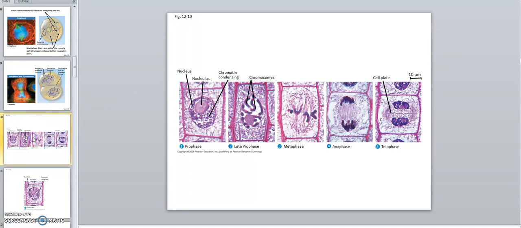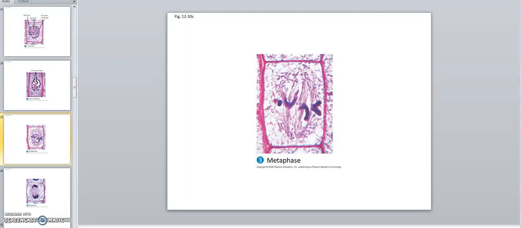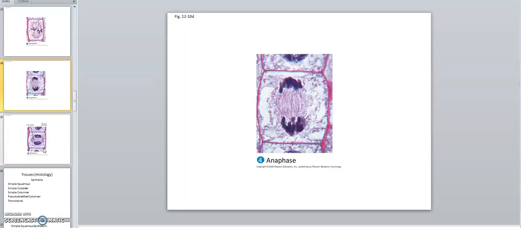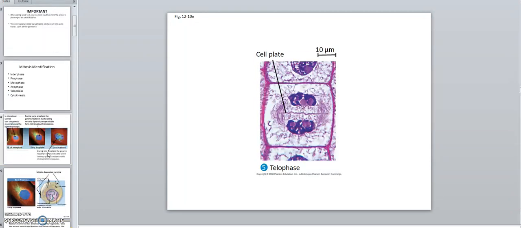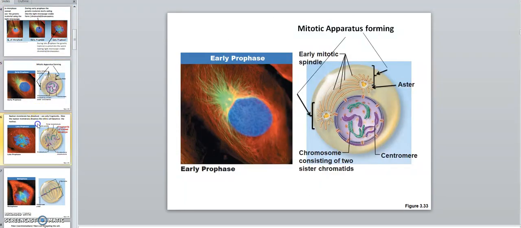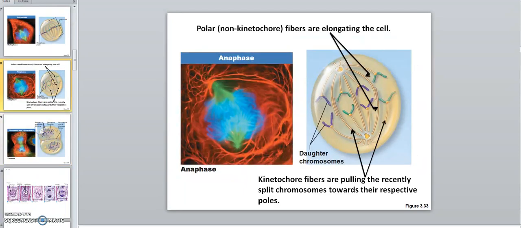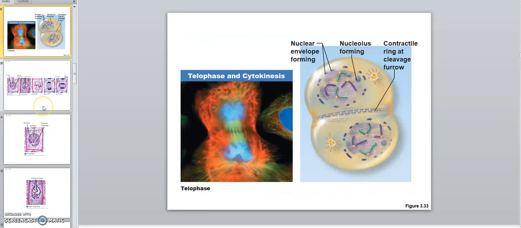So you can look through all of this. That's what I want you to do so you can understand each stage. Here's my explanation of each stage. Right there. Plus you would have seen this, because these are excerpts that I took directly from my mitosis PowerPoint.